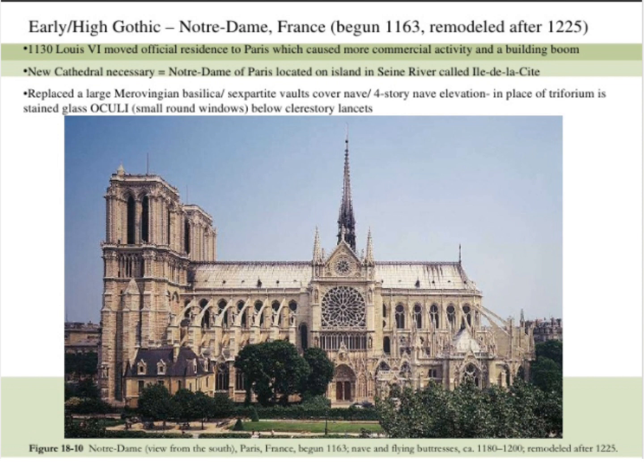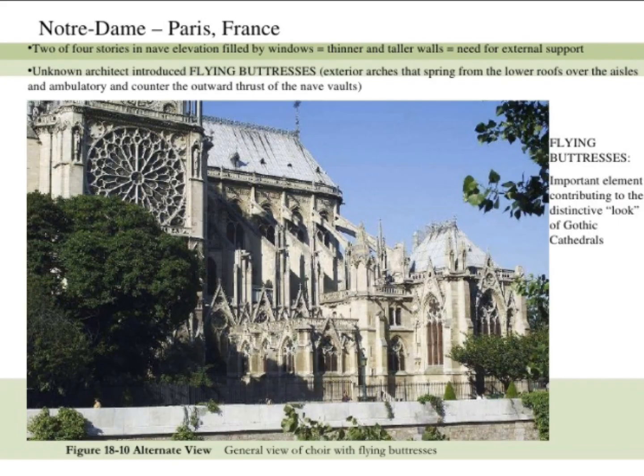It has a 4-part nave elevation and a triforium with the glass oculi. Here is the back exterior of Notre Dame, where you can see that flying buttress really, really well. The flying buttress is sort of the element of definition for the high Gothic or middle Gothic time.